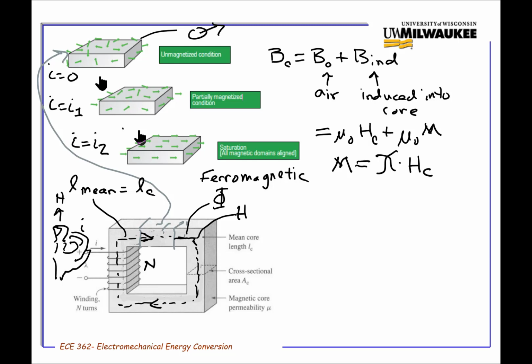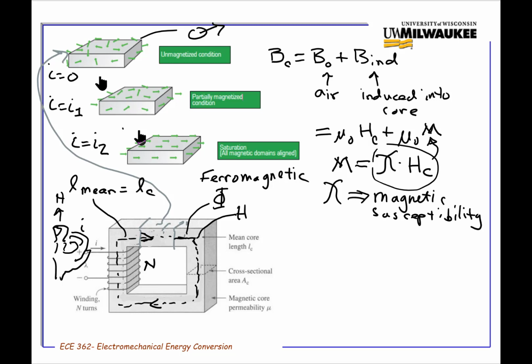Okay, so I'm talking about this H. And this little expression here, I could plug in for that M value there. So this chi is defined as the magnetic susceptibility of the material. It's how susceptible the material is to being magnetized. That's what it represents.